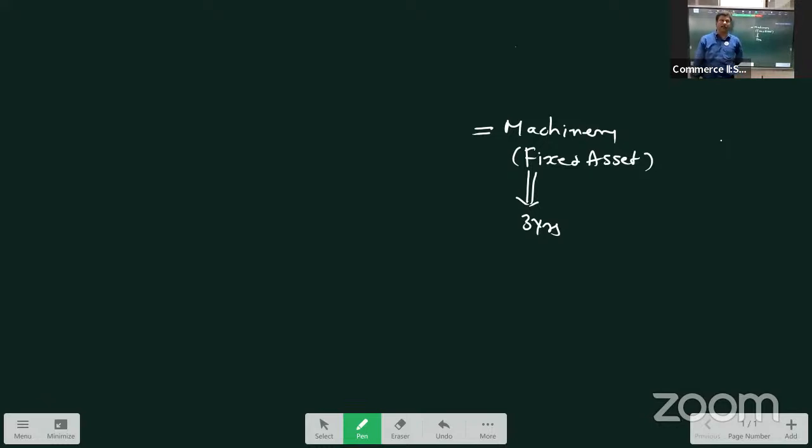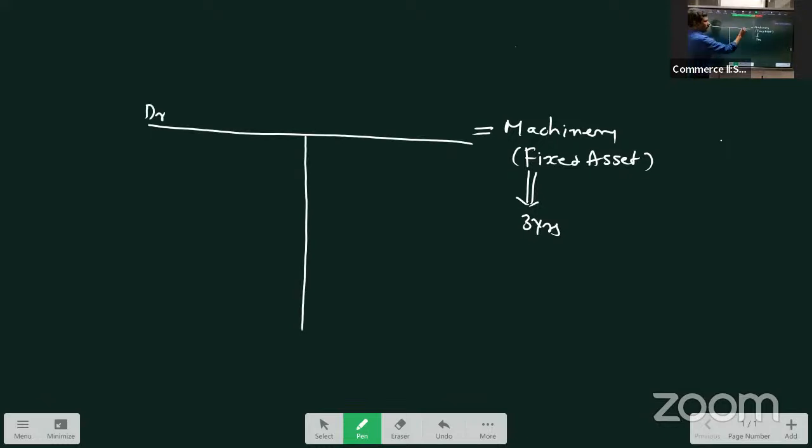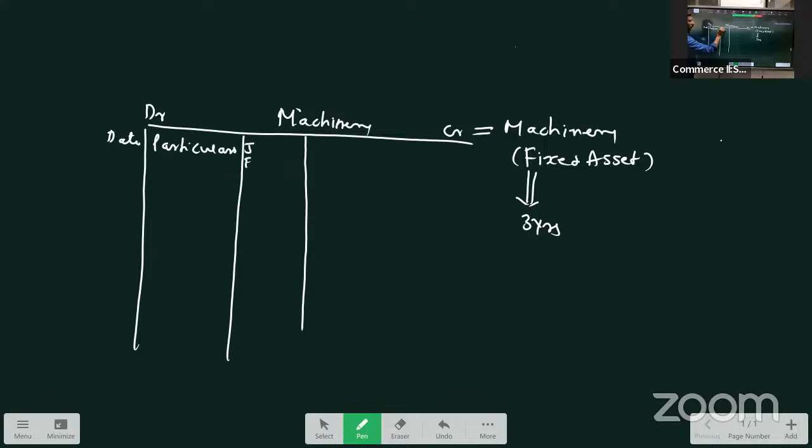And ledger, I think you know very well, you did in your first year. Remember, ledger is a T-shaped table. Left hand side is debit side, right hand side is credit side, and in the middle we place the name of the account. In our case it is machinery account. Each side will have 4 columns: date, particulars, JF, that is journal folio, and amount.